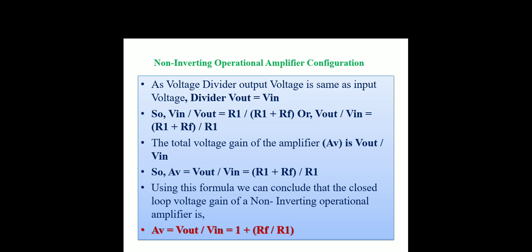You can solve the above equation by separating R1 as R1 upon R1 plus RF upon R1 simply, and it will be equal to 1 plus RF upon R1.